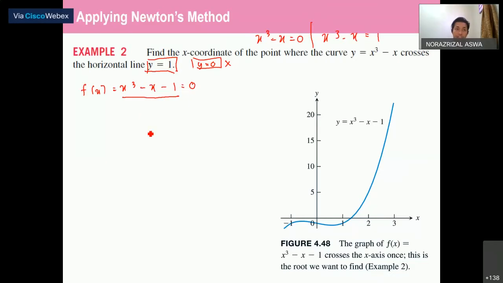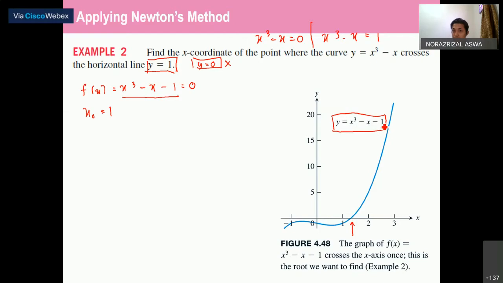So I'm going to give you the initial guess, again equal to 1. Actually x naught can be obtained from figures. You plot the graph of x cubed minus x minus 1, and then you see where the graph crosses the x-axis.